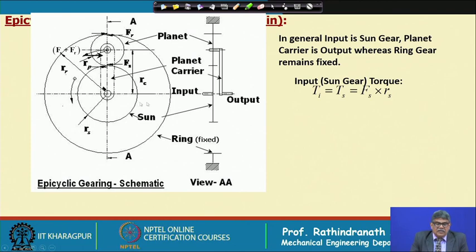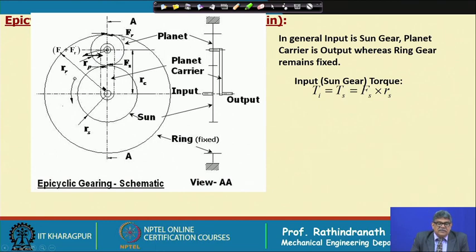Okay. Now, this torque, it is transmitting torque, meaning Fs is the force, one force is acting on the planet and another force is acting on the sun, and the same force is acting on this planet pinion.